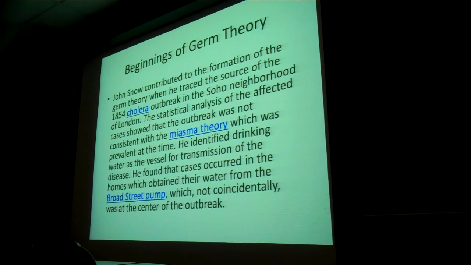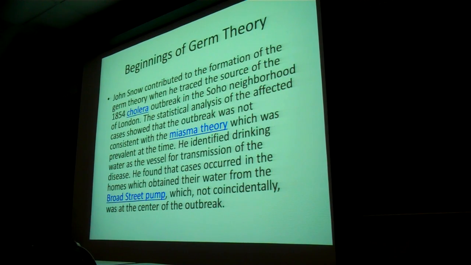And this was the interesting thing with this guy Snow. There was a cholera outbreak in the middle of the 1800s in London, and again they thought it was the bad air down by the river, the Thames River. But he scientifically said, I don't believe this, and he noted where all the individuals who got cholera lived, and it turned out that they were all around this one well.